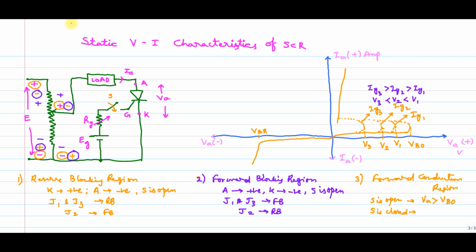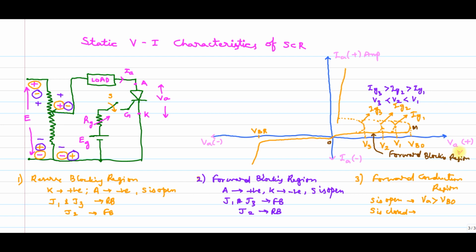Now let us identify different regions. So what are the different regions in it? Let me start with 0 here. So this is 0. In forward breakover voltage, it is up to M. So this is called the forward blocking region.